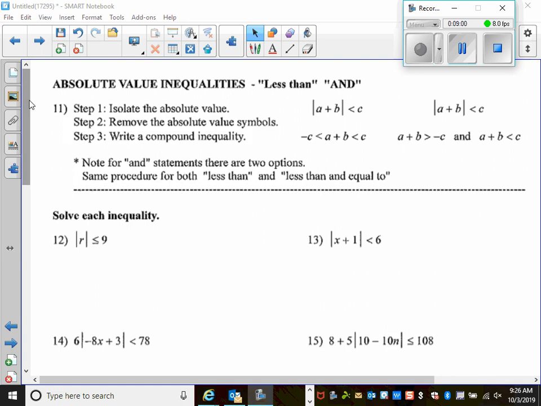All right, now on the next page, this is where you'll see the title that says absolute value inequalities, and then it says less than and. So that's from our previous lesson. The word and means the intersection. So here we're going to do the same thing. We're going to still isolate the bars, but since these are inequalities, when we set it equal to the negative and the positive, we'll also have to reverse the inequality symbol.